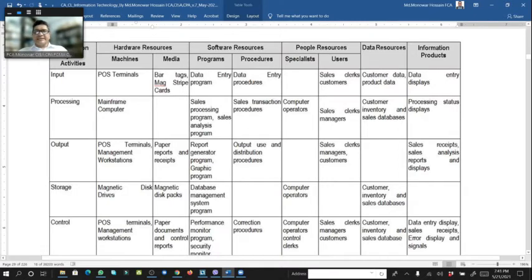User is sales clerk or salesman, manager and customer. Data resource, customer, inventory and sales database. Information product is data entry display, sales receipt, error display, signal, etc. for control purposes.